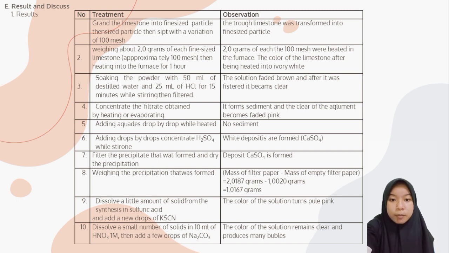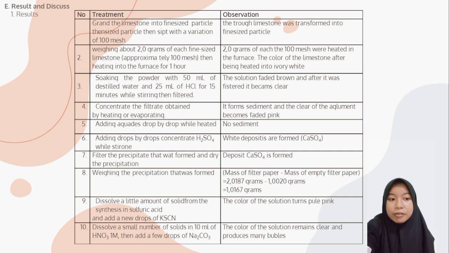Product: 1.067 grams. 9. Treatment: dissolve a little amount of solid from the synthesis in sulfuric acid and add a few drops of potassium thiocyanate.